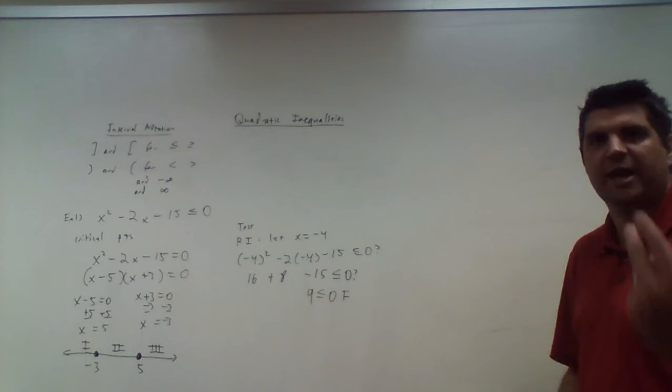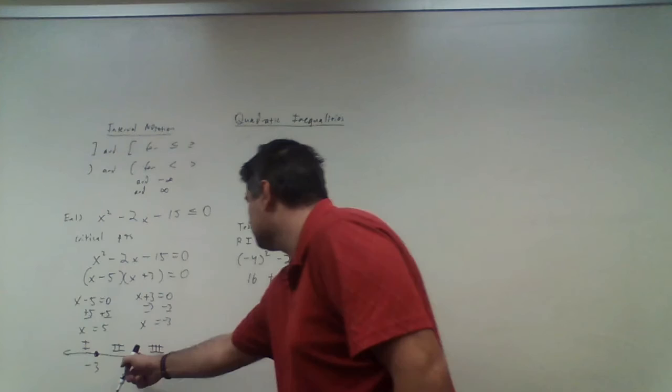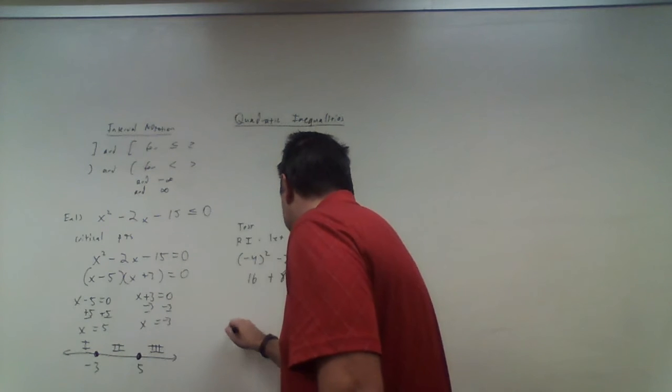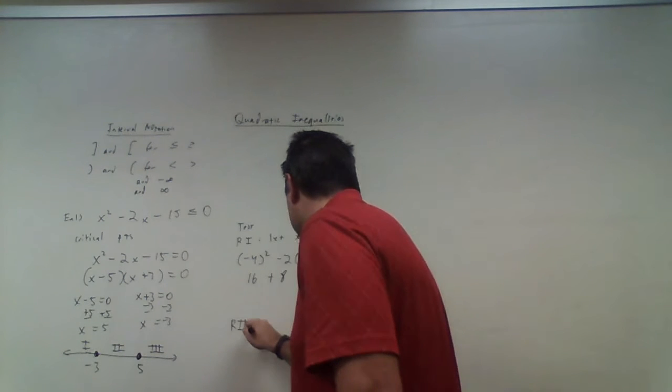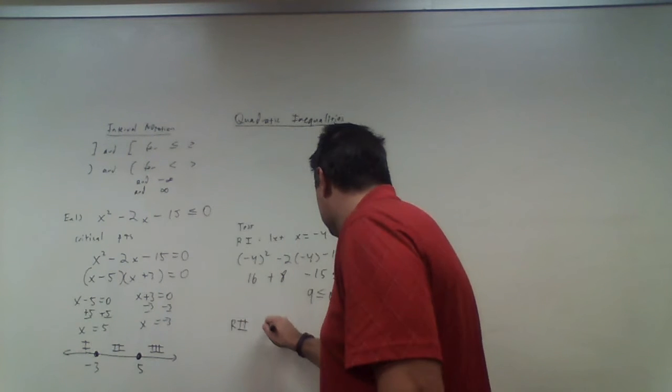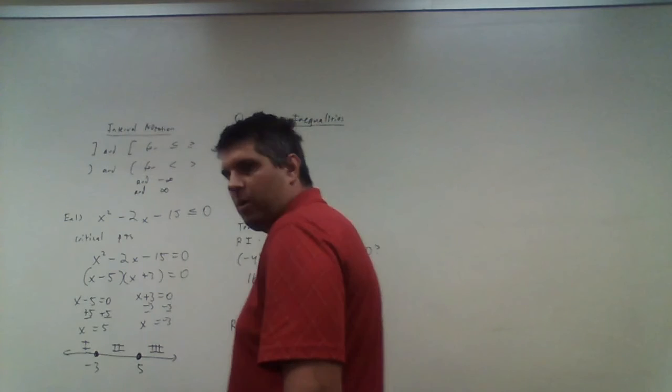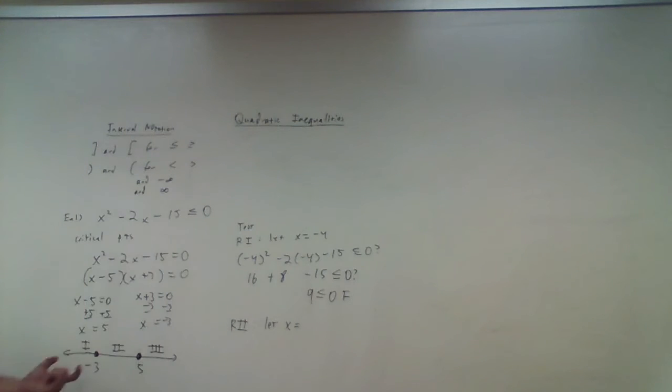Okay, next I check region 2. So I will pick a test value in region 2. We could use negative 2.9, we could use 4.9, we could use negative 2, negative 1, 0, 1, 2, 3, 4, 5. No, not 5. Okay?